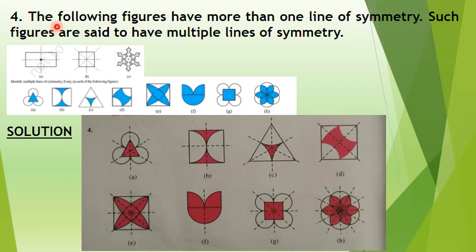If a figure has more than 1 line of symmetry, then we say it has multiple lines of symmetry.